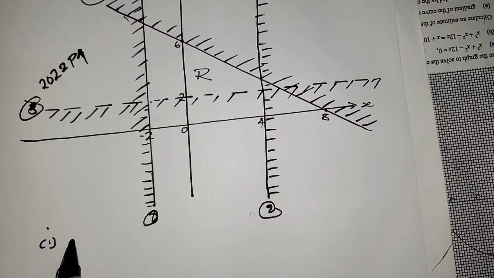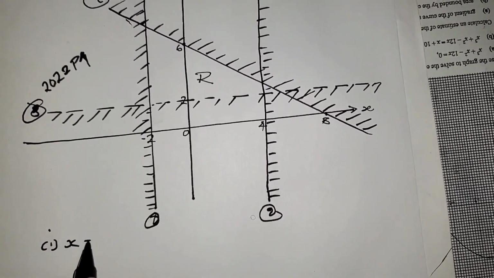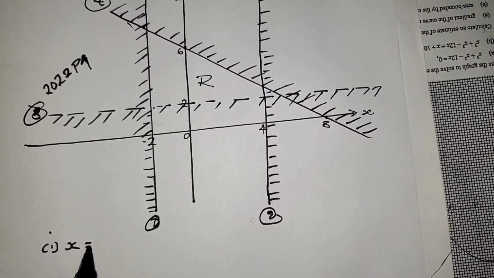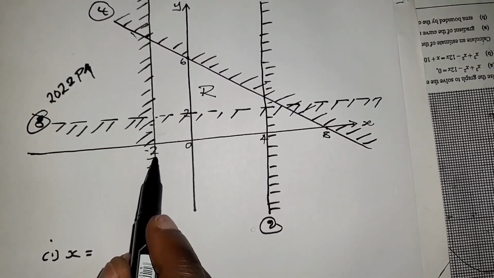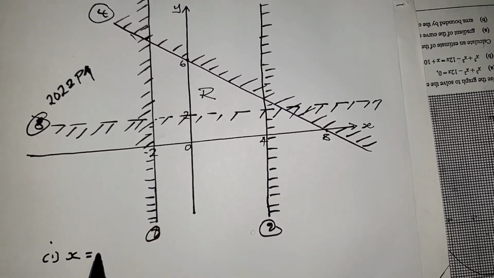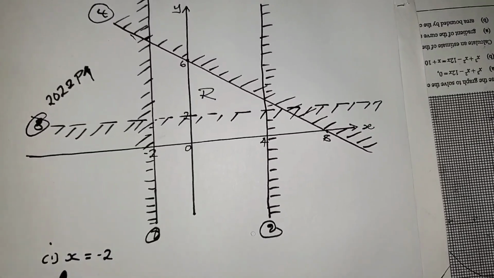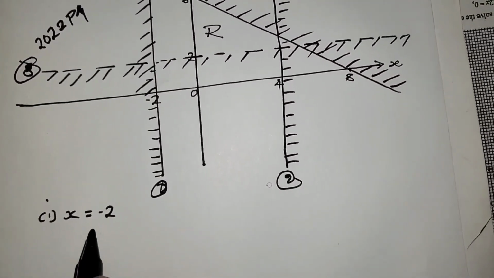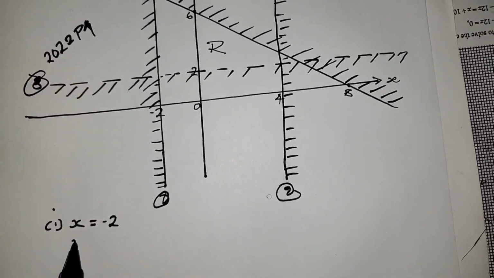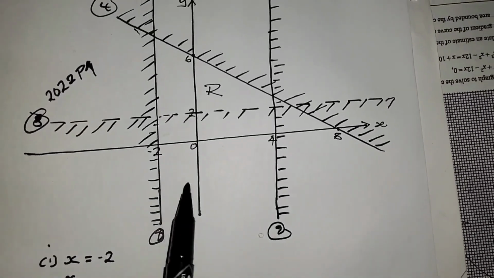So x is equal to the value here. This line is cutting -2. This is not the inequality, this is the equation. So the inequality will be x. Look at the shading.